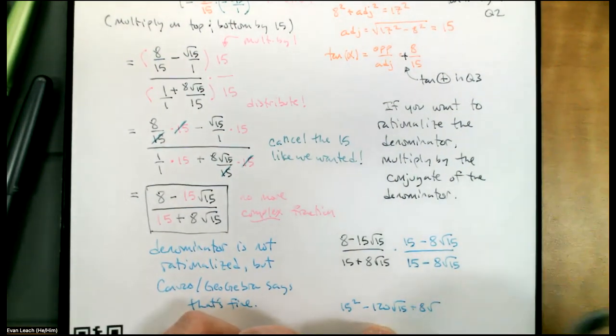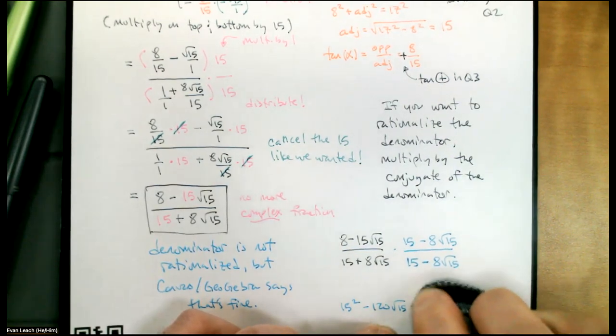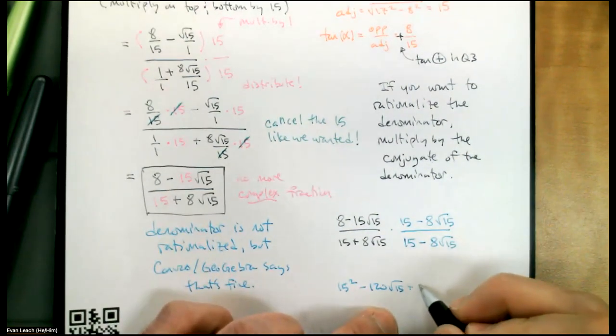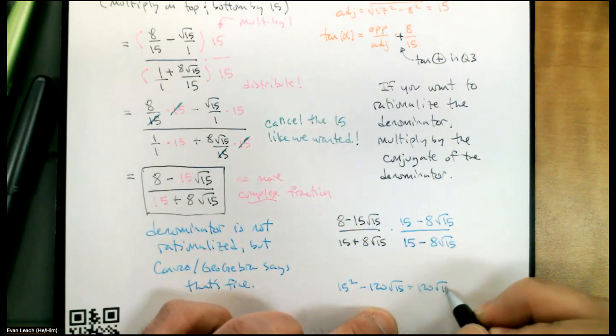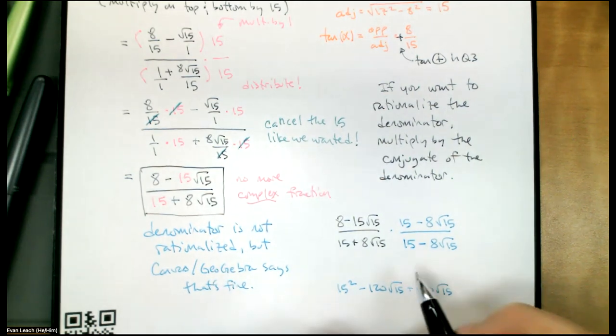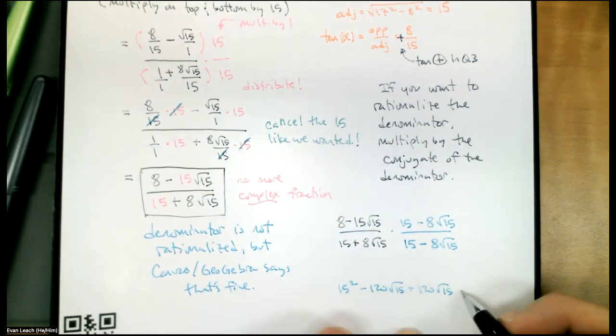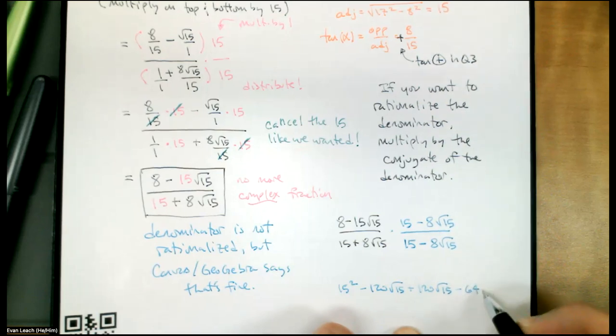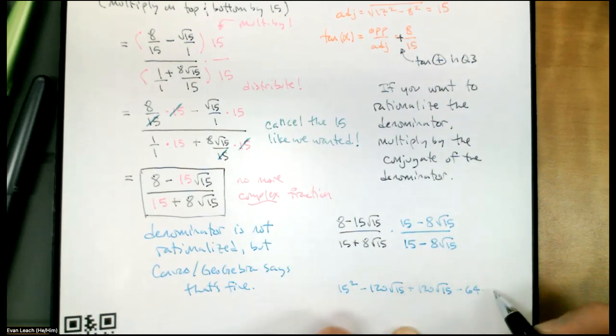This is a plus. This minus AB and then the plus AB canceling out is why this works. And then we multiply 8 times 8. We have a minus 64. The square root of 15 squared is just 15.